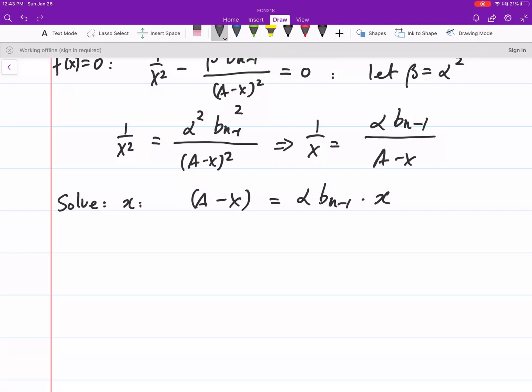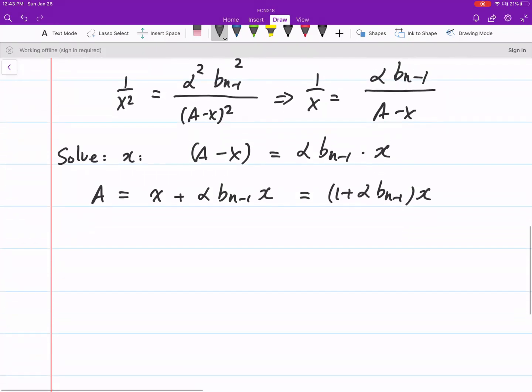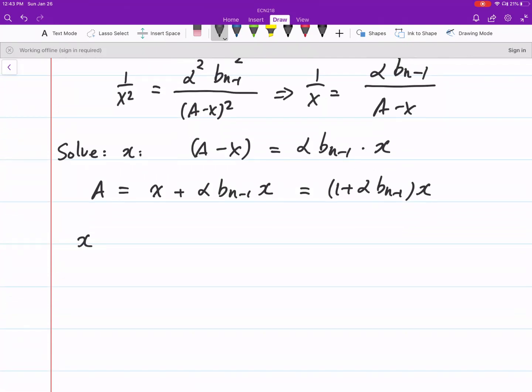We isolate x, adding x to both sides, so A is equal to 1 plus alpha Bn minus 1 times x. Solving for x, we have x equal to A over 1 plus alpha Bn minus 1. This is very similar to what we had in part 1. Let's call this our candidate for the maximum.